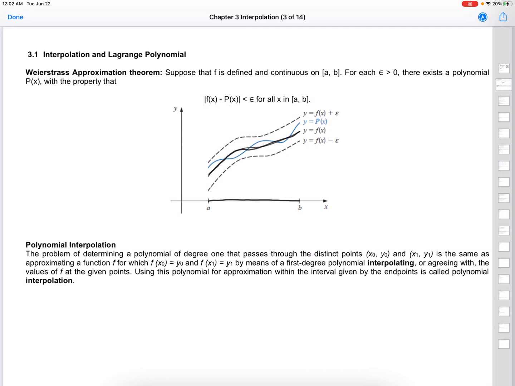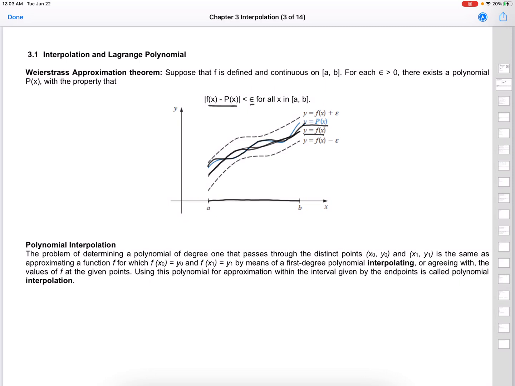Then for each epsilon greater than 0, there is a polynomial p of x, the blue one, with the property that the difference between f of x and p of x is always less than epsilon. Epsilon is a very small number, right? So if the blue one is p of x, black one is f of x, their difference is always less than epsilon. So they are actually very close to each other, right?